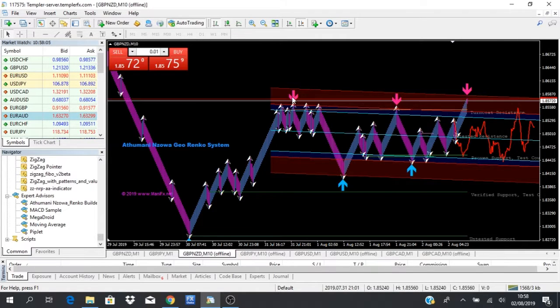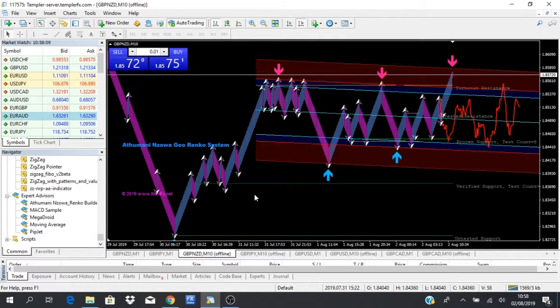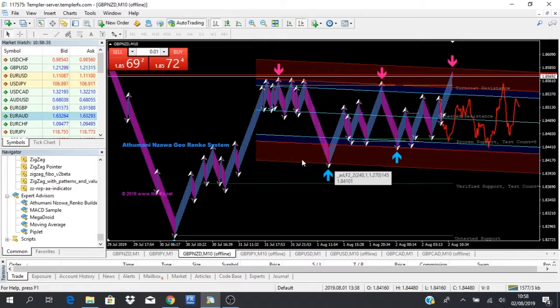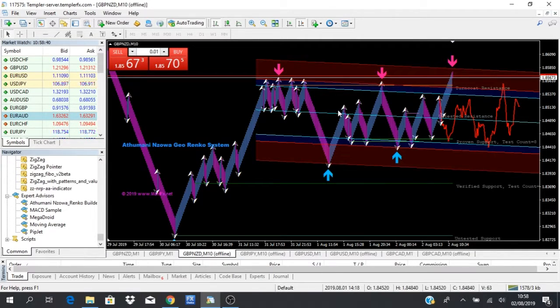So previously the regression channel was just like this, and in fact I put it at the period of 400. And as I pointed out before, the market in normal cases will go between the overbought zone, which is the red zone at the top, as well as the oversold zone, which is the red zone at the bottom of the regression channel.